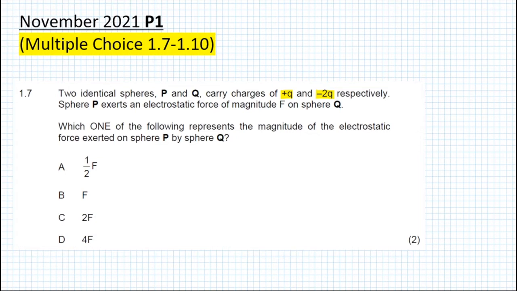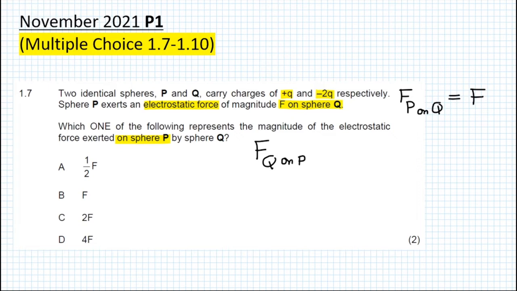Sphere P exerts an electrostatic force of magnitude F on sphere Q. So we can already write down that the force of P on Q is going to equal F. Now they say which one of the following represents the magnitude of the electrostatic force exerted on sphere P by sphere Q. So they are asking what is the force of Q on P. They have half F, F, 2F, and 4F as options.